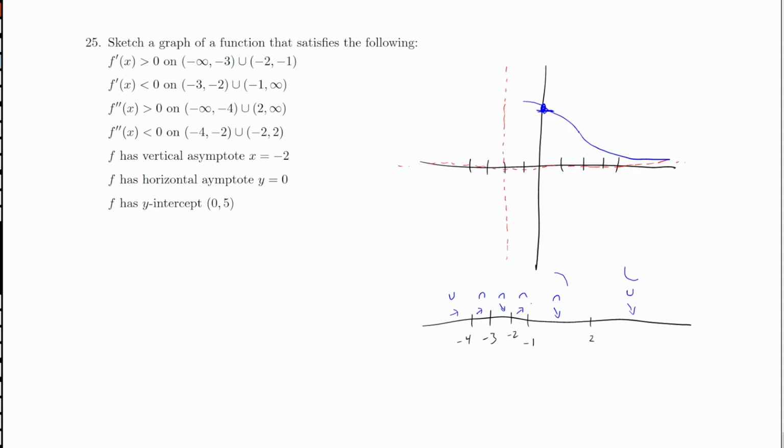All right, moving on to the left, between -2 and -1, we have this concave down and increasing, so a shape like this, and I have to approach this vertical asymptote, so it's going to go down forever. Okay. To the left of that, it's concave down and decreasing, so we have a shape like this, and again I have to approach the asymptote.